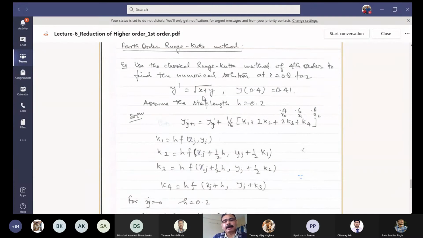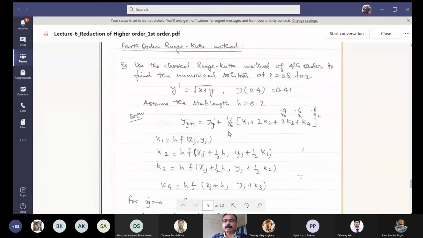Use the classical Runge-Kutta method of fourth order to find the numerical solution at the point x equal to 0.8 for y prime equal to square root of x plus y, y(0) equal to 0.41. Assume the step length h as 0.2. So it is 0.4, then 0.6, and then 0.8. There are 3 points, right?